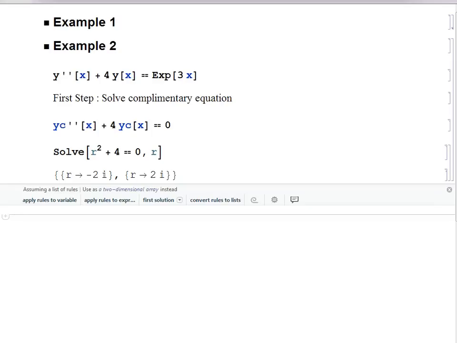So remember, you need to know what the real part is. So what does our solution look like?